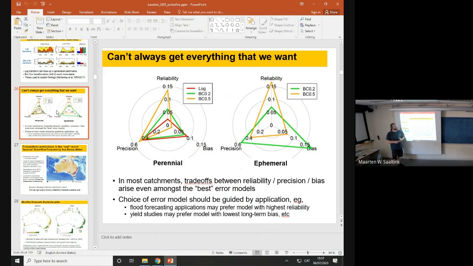The problem we found with estimating lambda was that everything became dominated by the low flows. Because most flows are low, these low flows were pulling lambda towards negative values. And those values were good for low flows, but very poor for high flows.